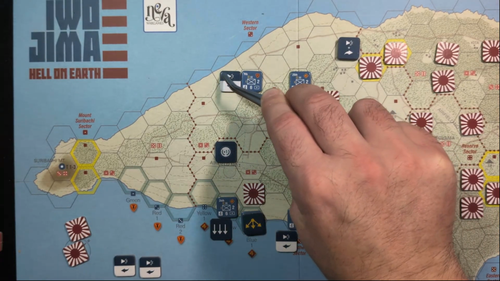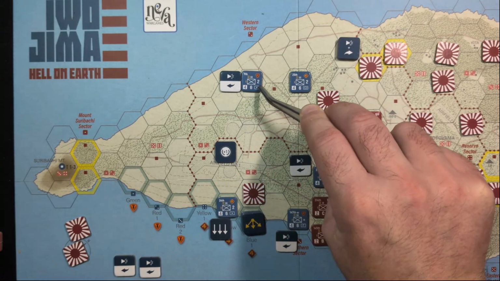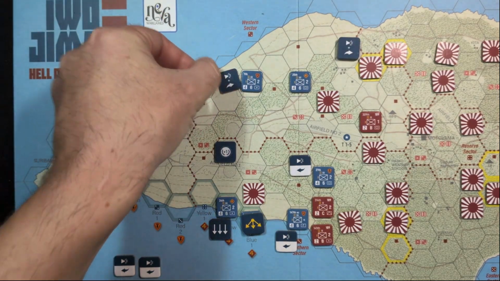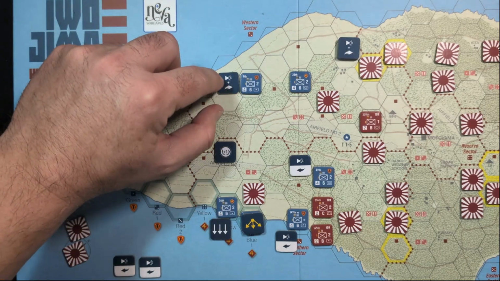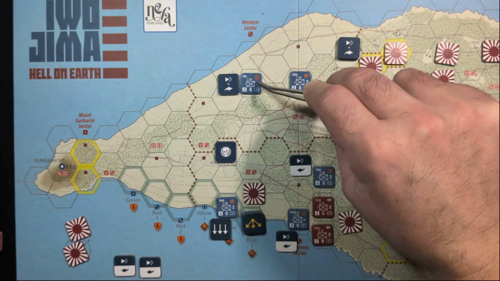Previously the recon assault was used, and now we are going to be using the support value, so we can flip it and show that this unit has used already both the assault recon and the combat support.